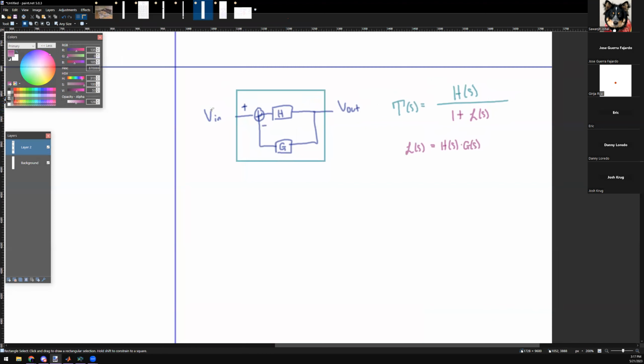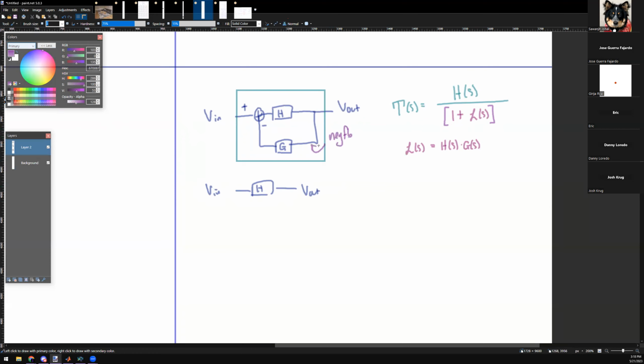So what do you see? If you didn't have feedback, I would have just had this circuit here, V in to V out through H. Before, my V in to V out used to just be H. With negative feedback, it's now H divided by this magical term, 1 plus L of s.